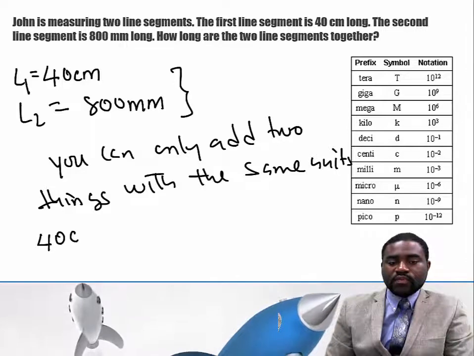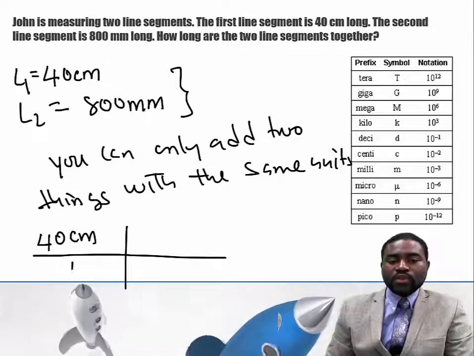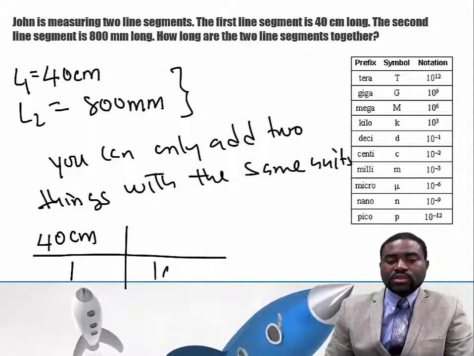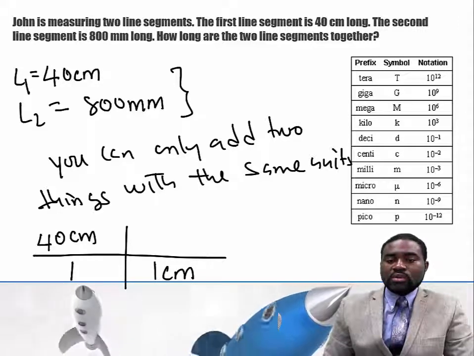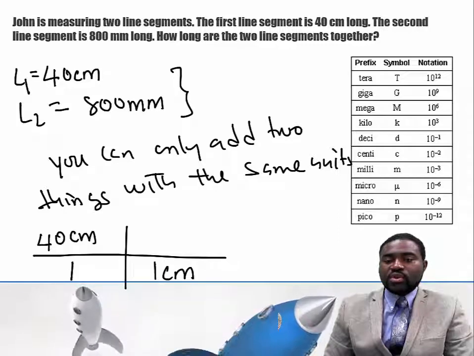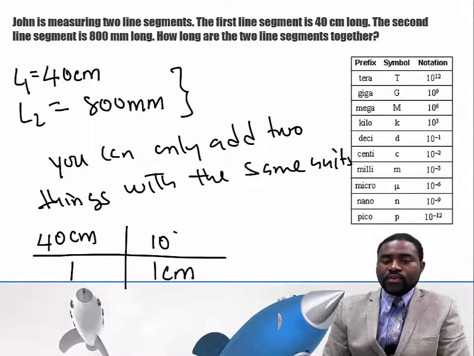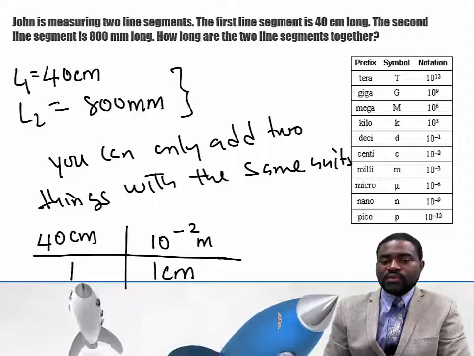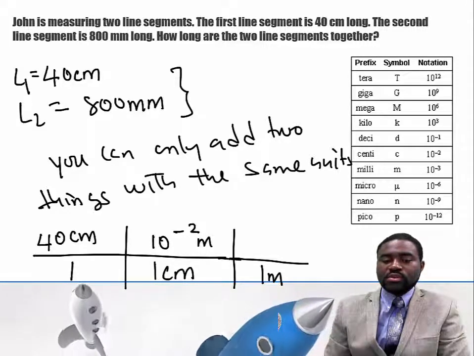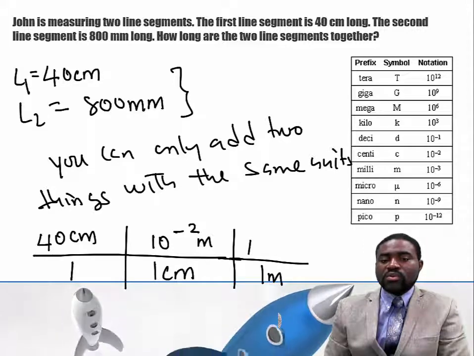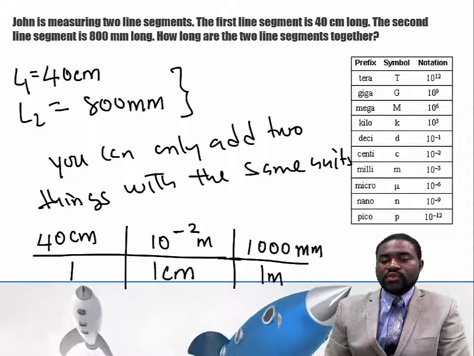So we have 40 centimeters over 1. 1 centimeter is equivalent to 10 raised to the power minus 2 meters. 1 meter is equivalent to 1,000 millimeters.